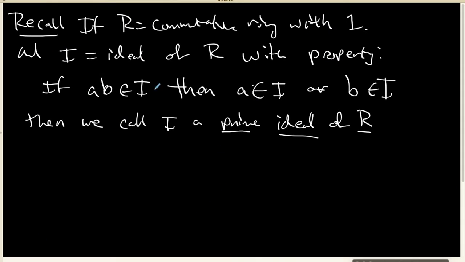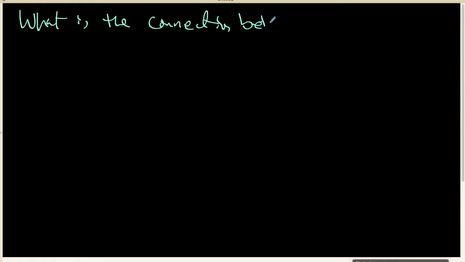And this old definition about prime ideals: if the product is inside the ideal, then A has to be in the ideal or B has to be in the ideal. Well, what is the connection? It's pretty obvious, and I want to make that quite clear. So what is the connection between these two definitions?